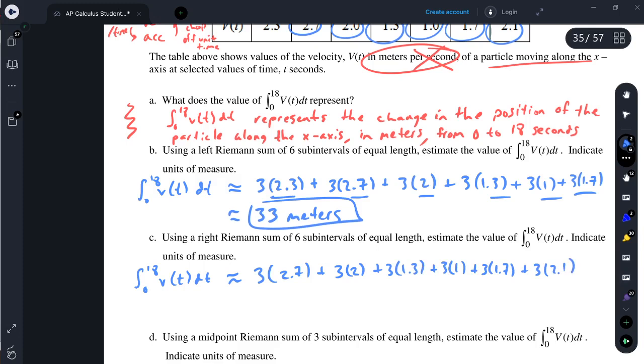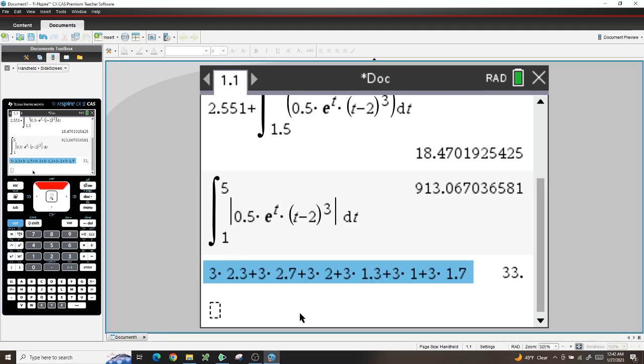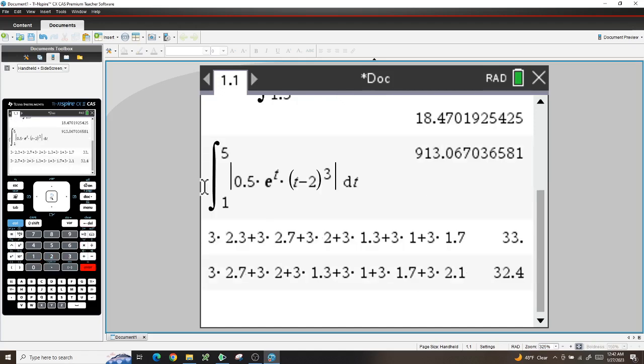And then to type that into our calculator, we can actually just come back up here and delete the first one, the 3 times 2.3, and we will then replace that at the end with the new one, 3 times 2.1. So we get 32.4.